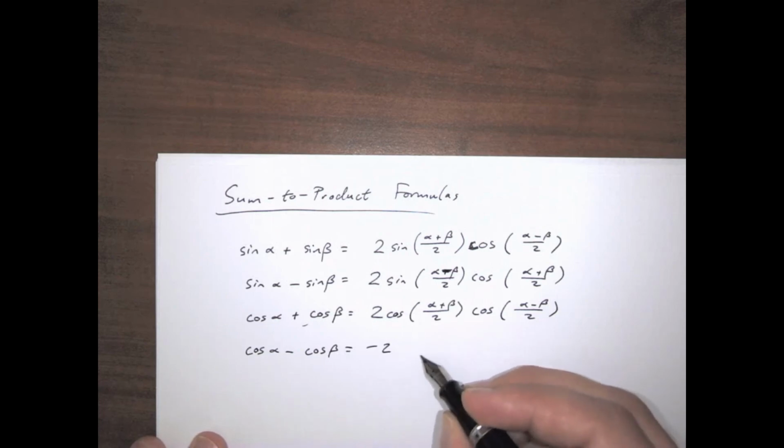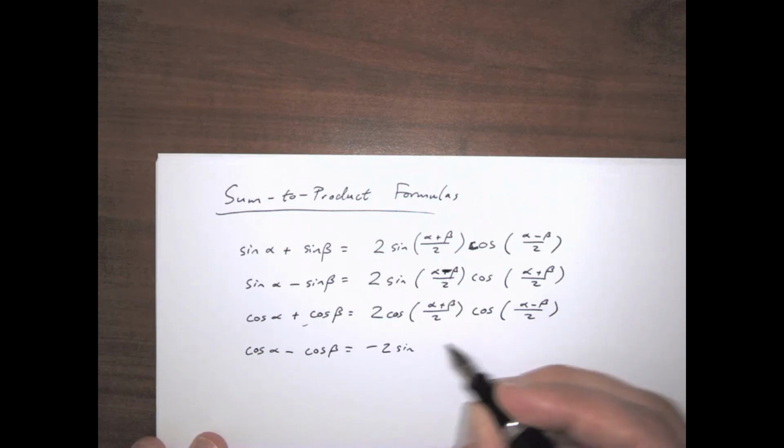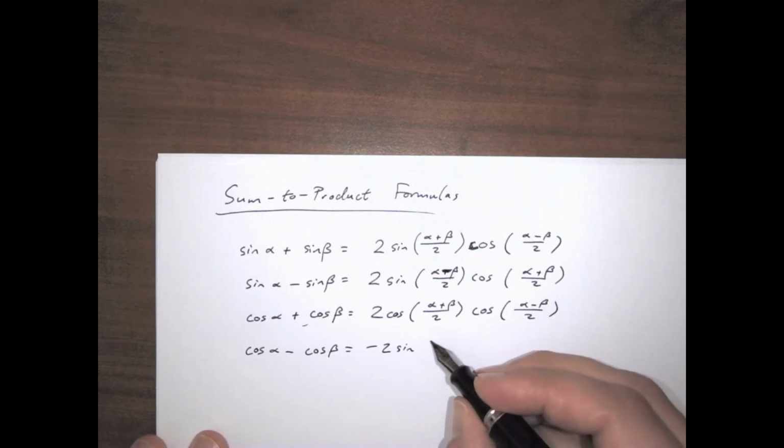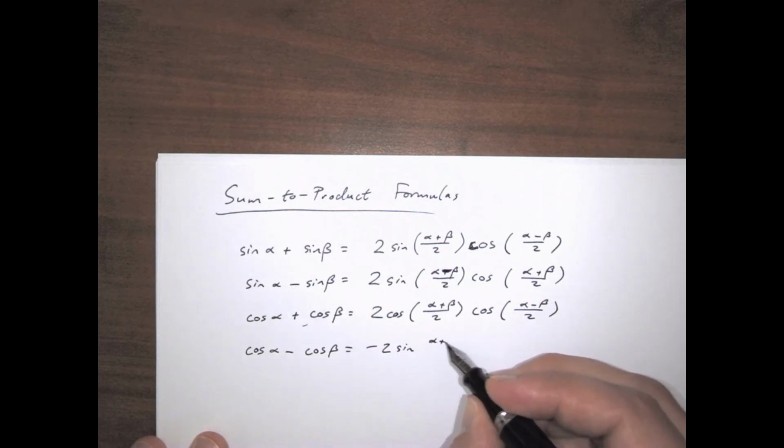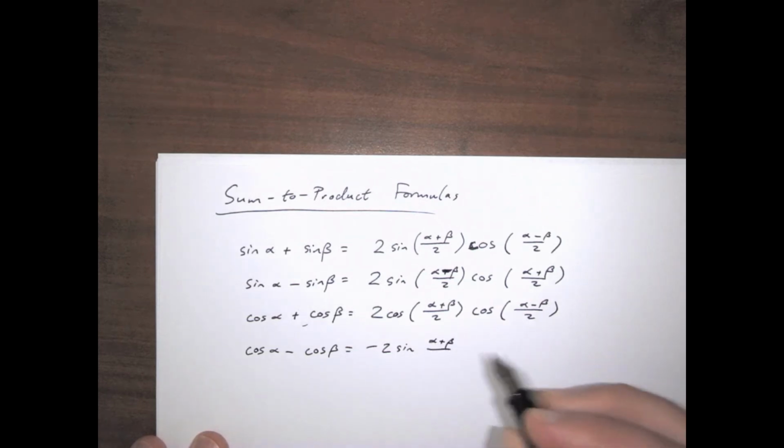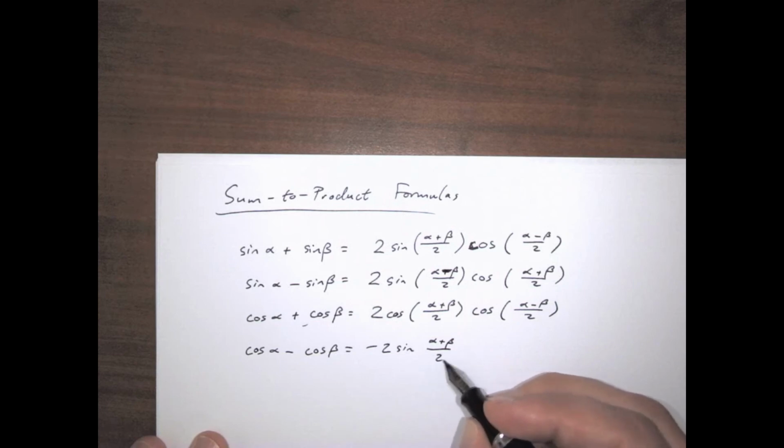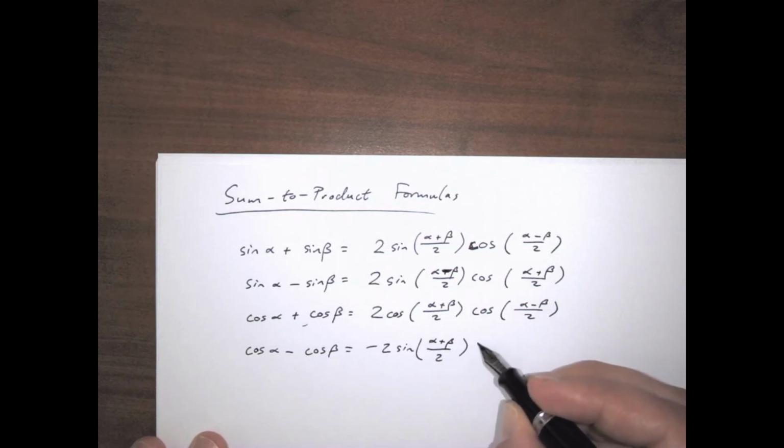That's negative 2 sine of alpha plus beta over 2, sine of alpha minus beta over 2.